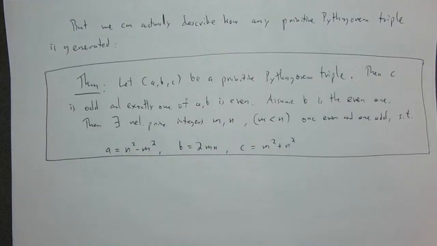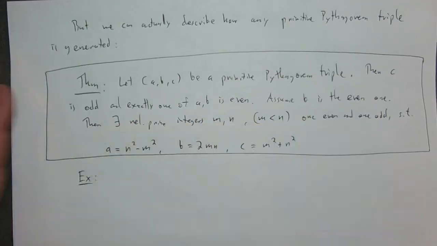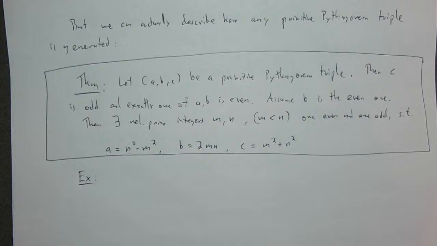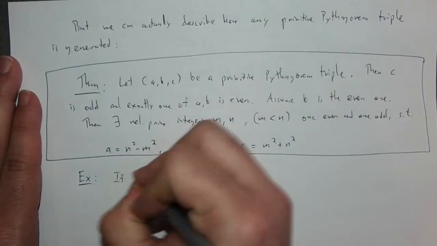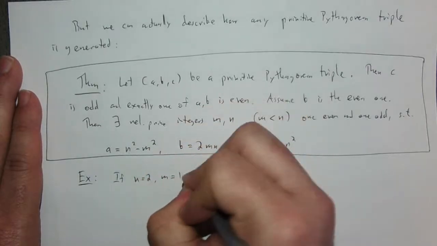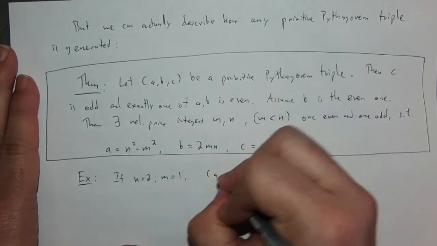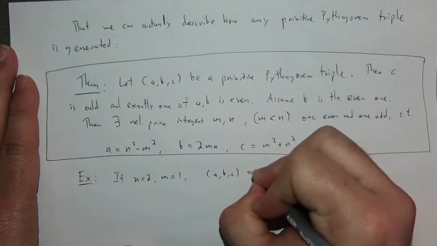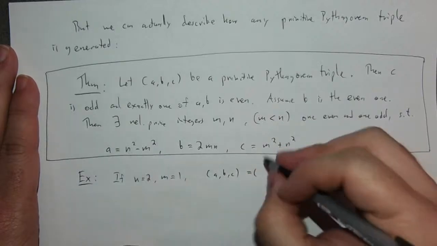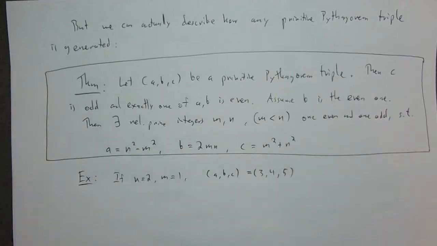So there we go. Here are some quick examples. If n is 2 and m is 1, then what primitive Pythagorean triple do we get? Then A, B, C is 3, 4, 5. So it's the 3, 4, 5 triple.